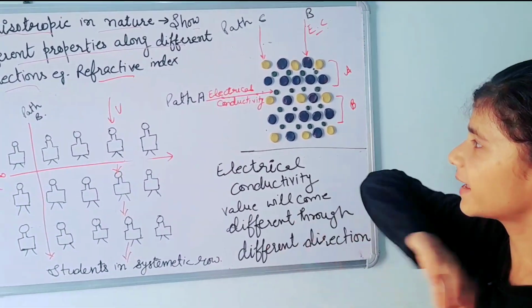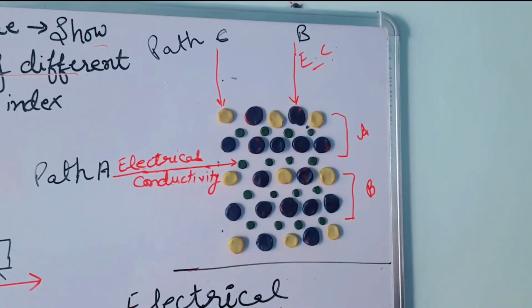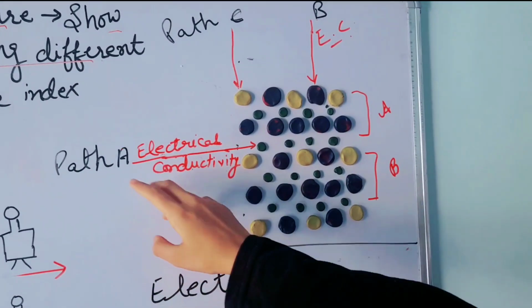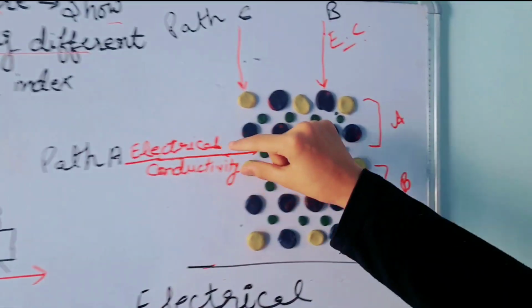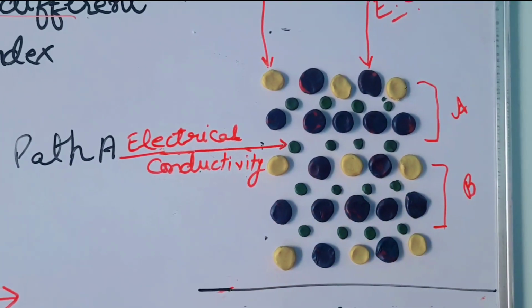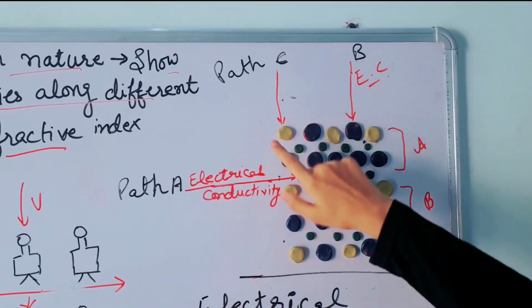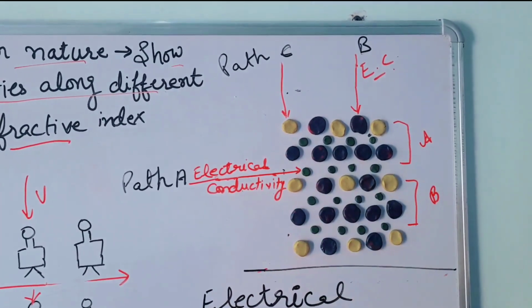Next is electrical conductivity. We have to pass electricity through path A. The particles in path A are green, in path B the particles are violet, and in path C the particles are yellow, violet.